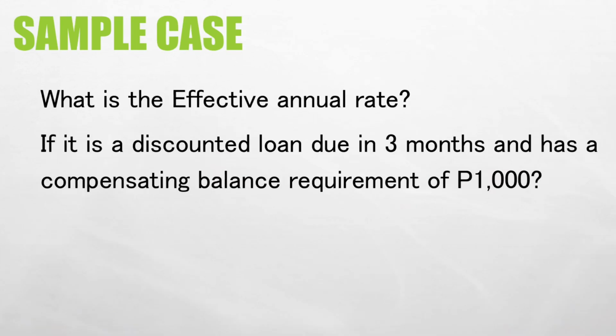What is the effective annual rate if it is a discounted loan and has a compensating balance requirement of 1,000 pesos? In this case, we have to combine the impact of both discounting and the compensating balance requirement.